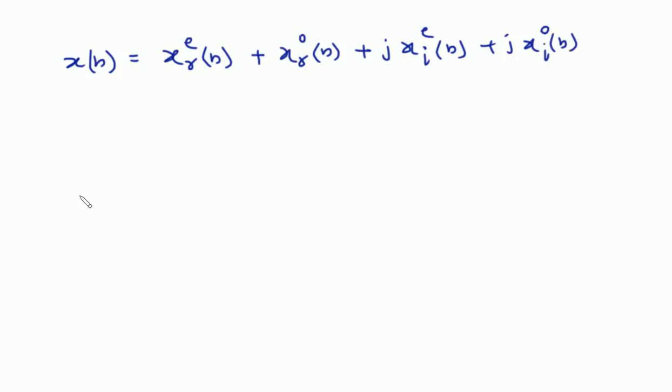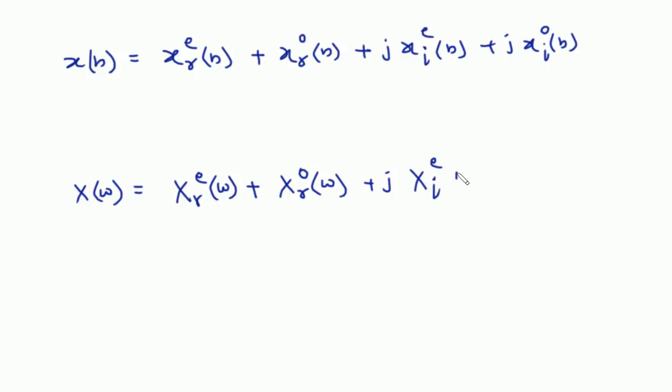And its DTFT is X omega, and it has four parts: a real and even part of DTFT, a real and odd part of DTFT, then an imaginary and even part of DTFT, and an imaginary and odd part of DTFT.